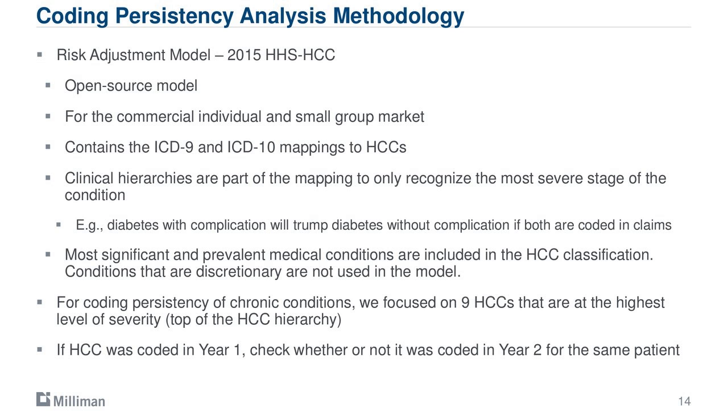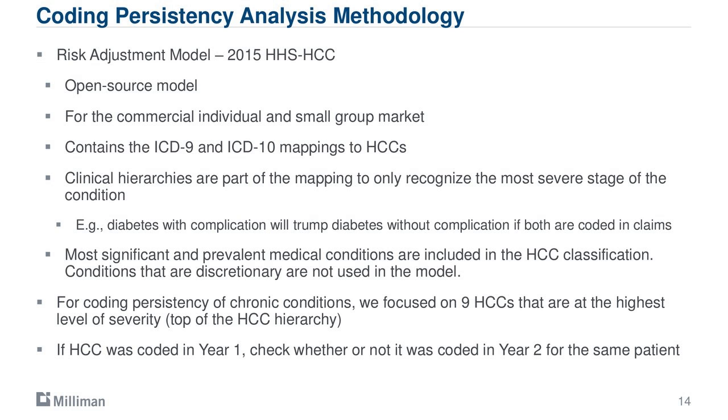In claims, however, in practice we have observed that a chronic condition showing up in the first year may not get coded again for the same patient in the next year. So the question is, what does that mean? Does it mean the patient did not get treated? Does it represent a quality gap in care delivery, or a lack of patient engagement?